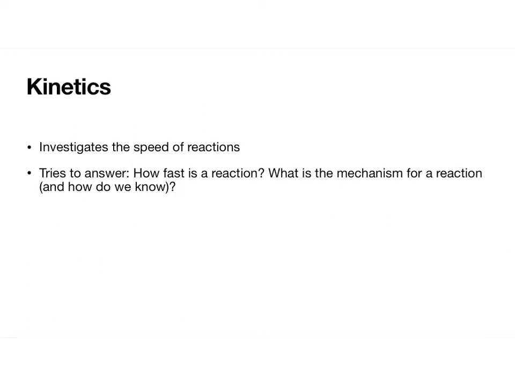Kinetics tries to figure out the speed. So it answers things like how fast is a reaction. It also goes into what is the mechanism for the reaction. And mechanisms are something that you typically think about with organic chemistry, but it turns out that a lot of P-chemists are really interested in mechanisms as well.